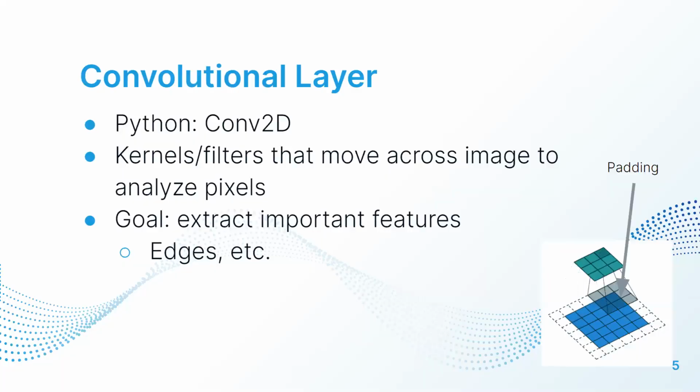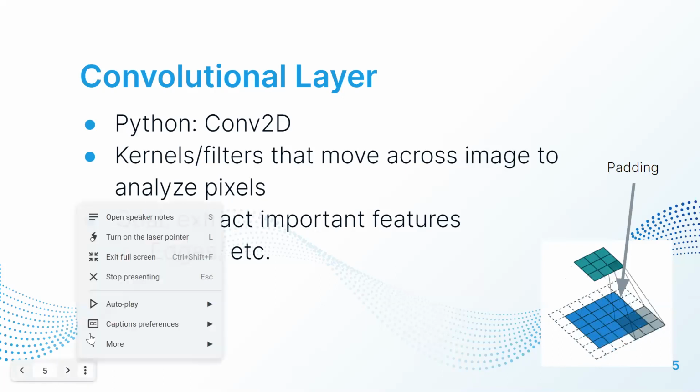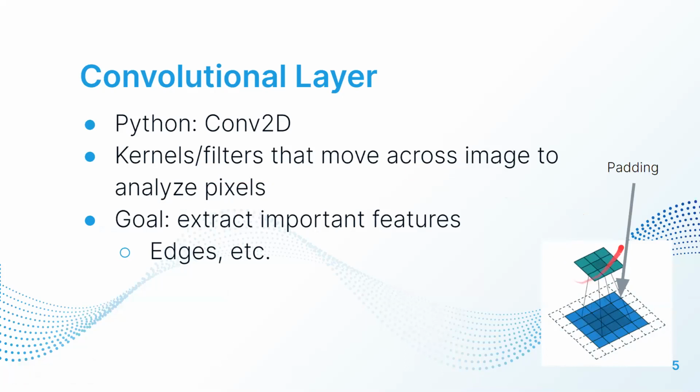Then you've got the convolutional layer. In Python, it's going to be called Conv2D, and we'll see an example of that. Basically it has this kernel right here, which is basically a filter, and it moves across the image. As a result of moving across the image, it analyzes different features.